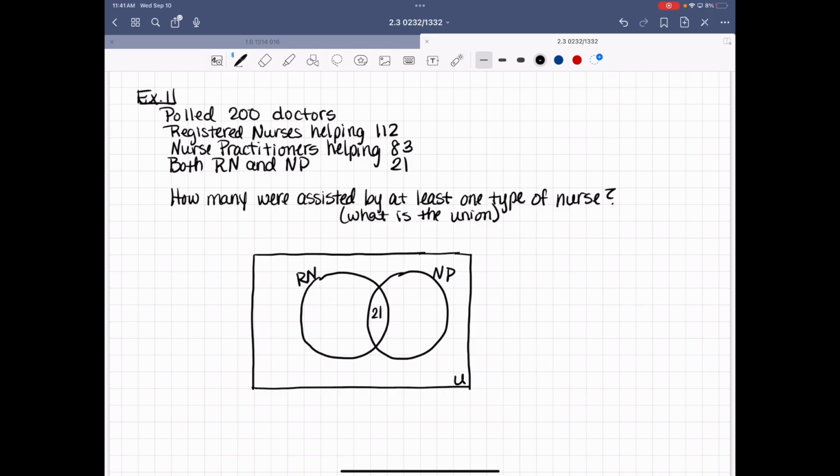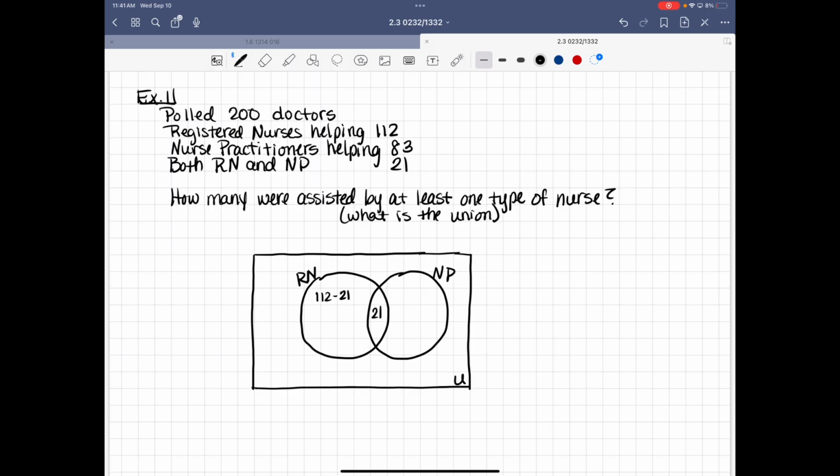Now let's see what goes in the rest of the RN circle. They said there were 112 offices that had registered nurses in them. But do I put 112 in there in the blank? No. What do I put? Got to subtract 21 from 112. Very good. I'm going to subtract 112 minus 21.